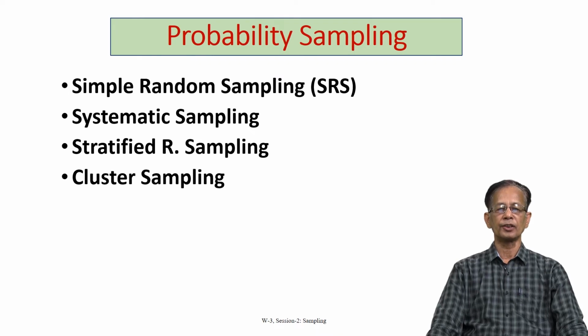Next would be cluster sampling. In some cases you find that units are highly concentrated in one area. Those are called clusters, like firecracker units. Many of you must have heard of a place called Sivakasi.